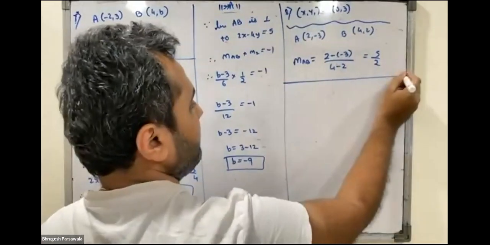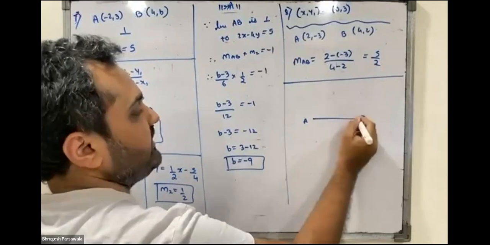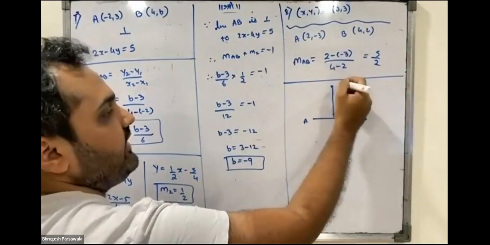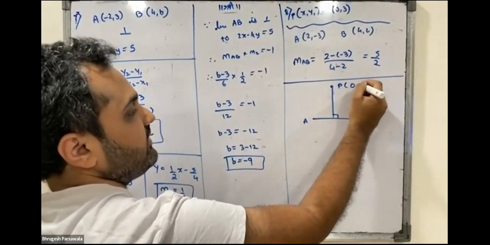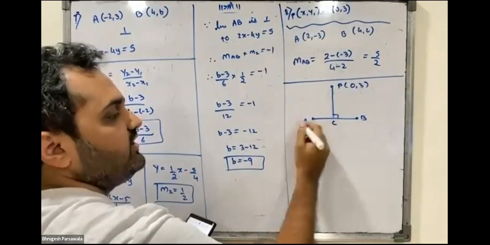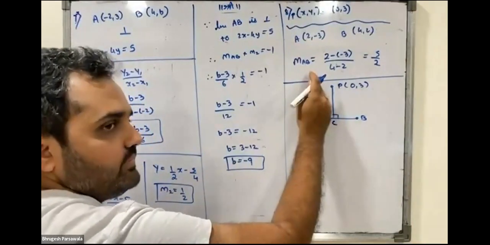Understand the question. Suppose my AB, these are the two points. I need to find the equation of line whose y-intercept is 0, 3 and it is perpendicular to the given line. It is perpendicular to AB. We found slope of AB.